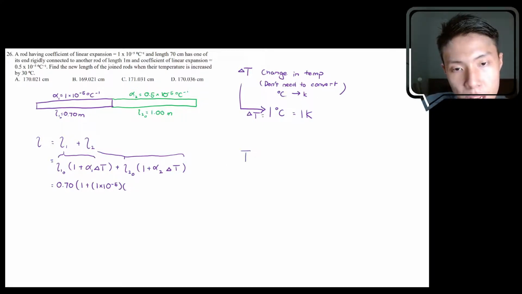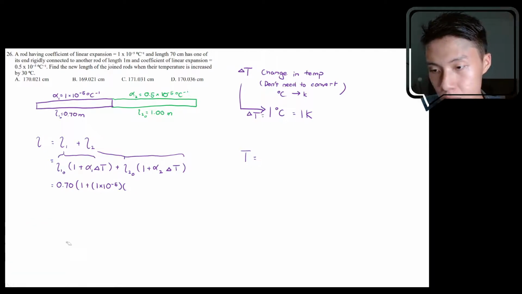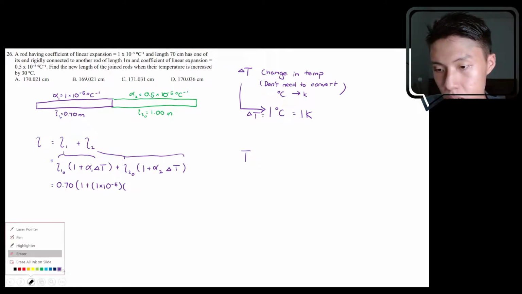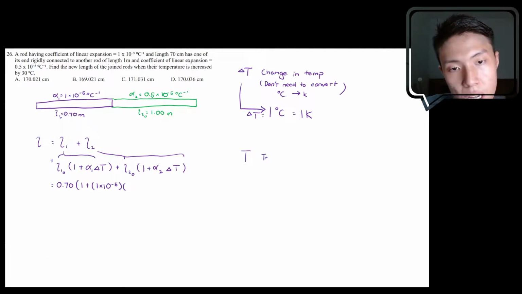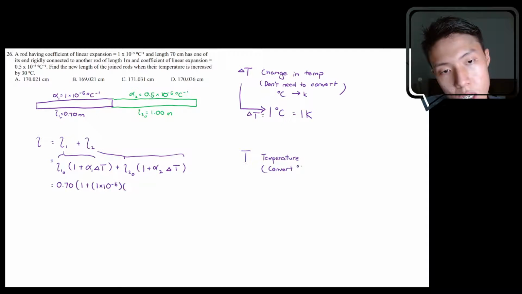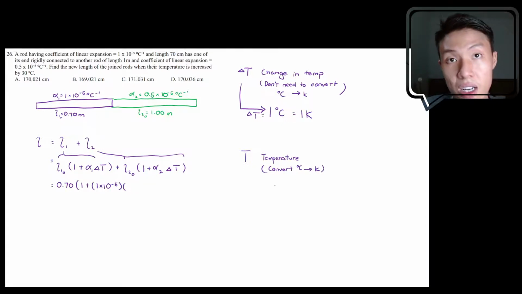But if you're looking at it in terms of temperature, then you have to be careful. If you're looking at it as temperature, then you have to convert from degrees Celsius to Kelvin. Because let's say 0 degrees Celsius is equivalent to 273.16 or 273.15 Kelvin.